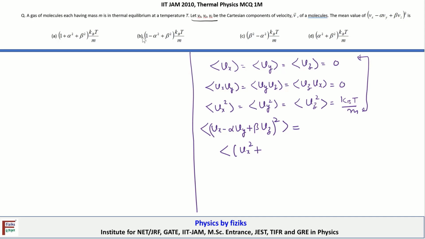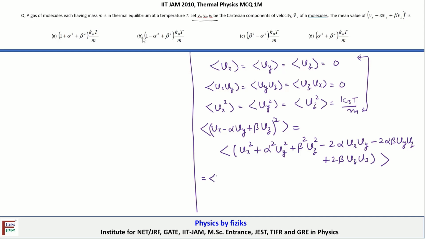Vx square plus alpha square Vy square plus beta square Vz square minus 2 alpha Vx Vy minus 2 alpha beta Vy Vz plus 2 beta Vz Vx, and its average.